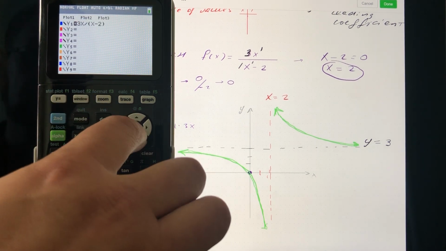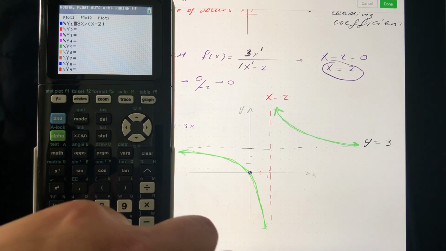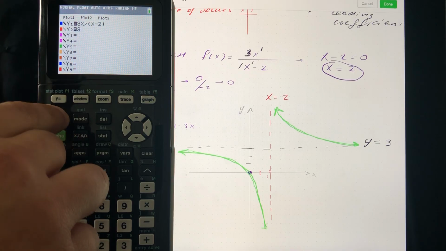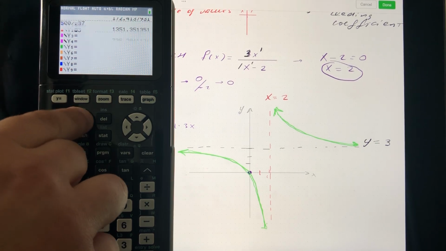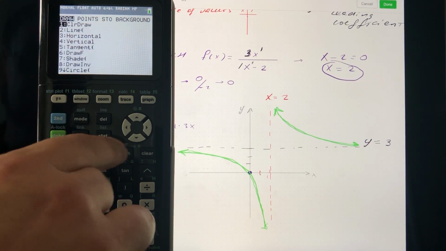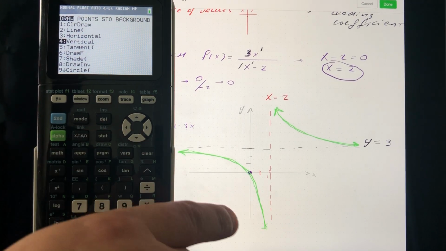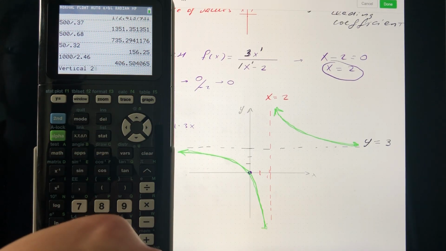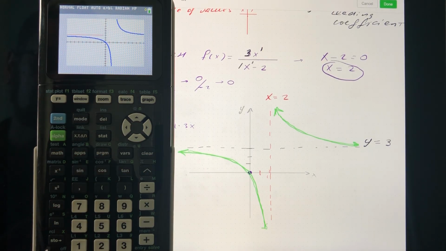So here is y equals 3, and then for the vertical, we will need to go to Draw, which is second program, and select vertical and type in 2. That would be the vertical line through x equals 2.